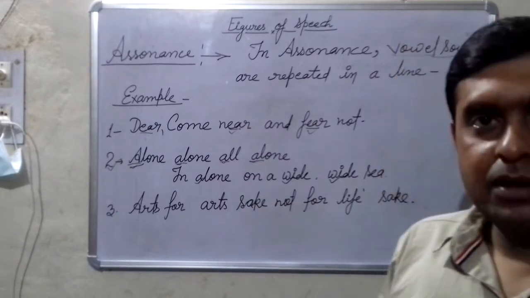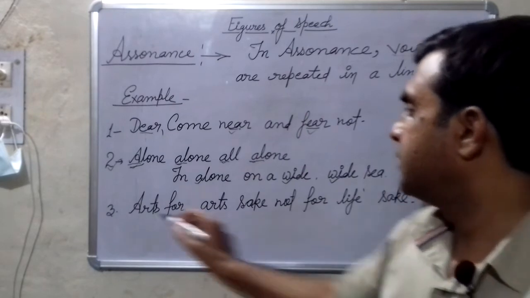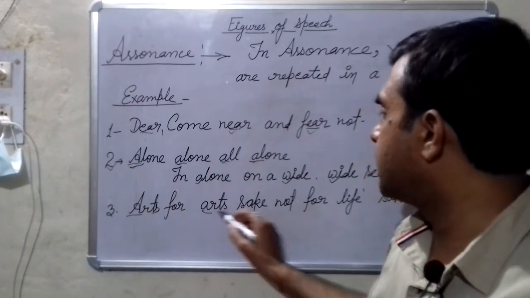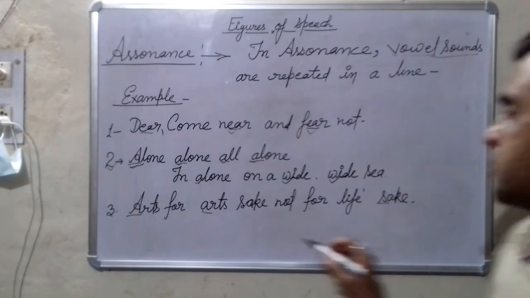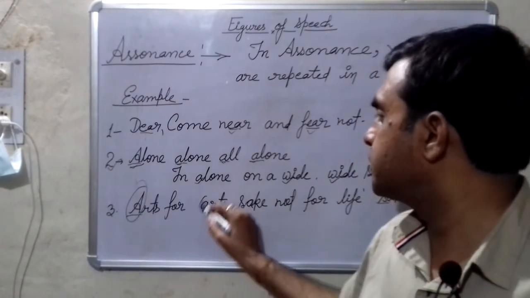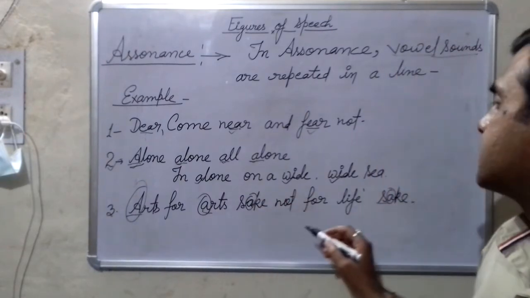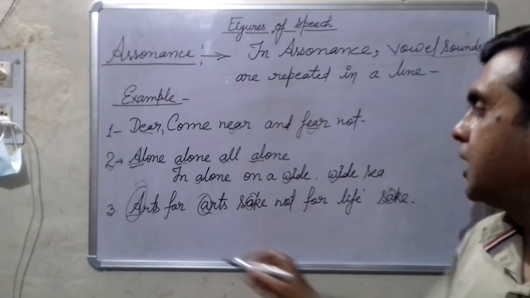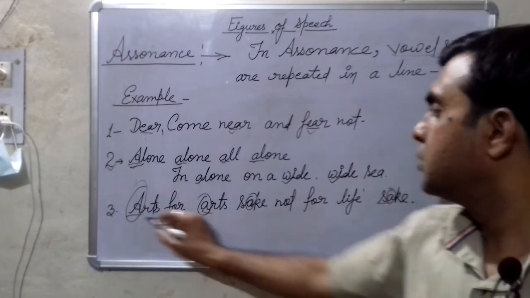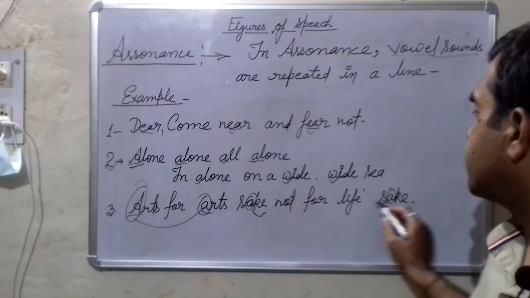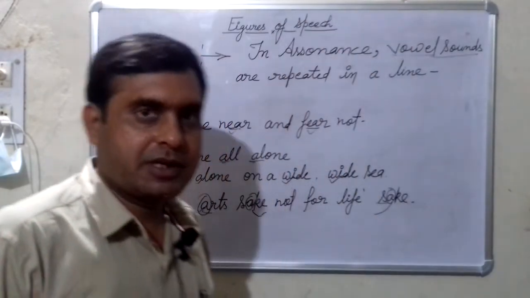In the next, third example: arts for art's sake, not for life's sake. Here you can find the same vowel sound repeated. So you can see the proper repetition of the vowel in these three examples very easily.